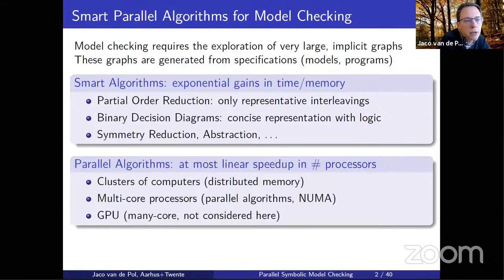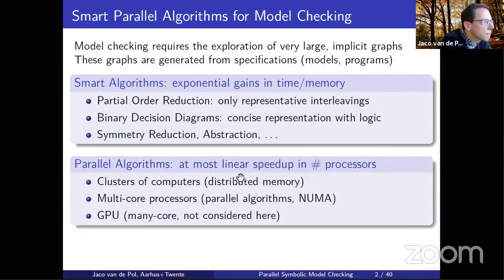Now, the speedup that you can get from parallelism is linear at best. So if you have twice as many processors, then maybe you halve the running time, and then still you have to do a good job because often there's also some overhead in parallelization. So on the top there are the smart algorithms, which give you exponential gains, and at the bottom you only have a linear speedup.